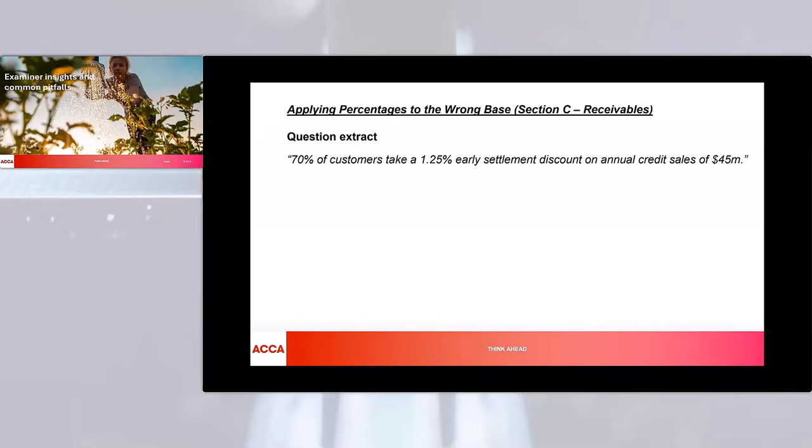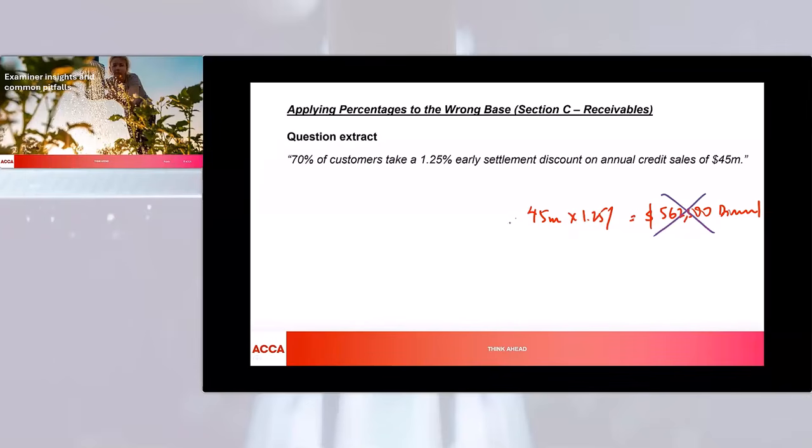Now, what happens is, how much is the credit sales? 45 million into 1.25 percent will give you how much? $562,500 is the discount, which is wrong. Why is it wrong? This is one of the mistakes done by many candidates.